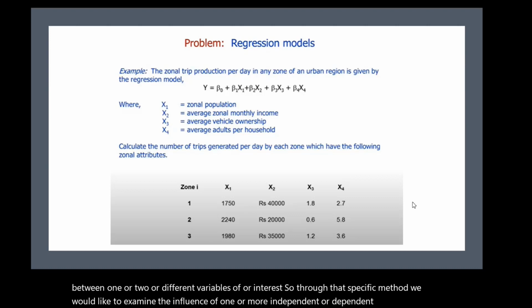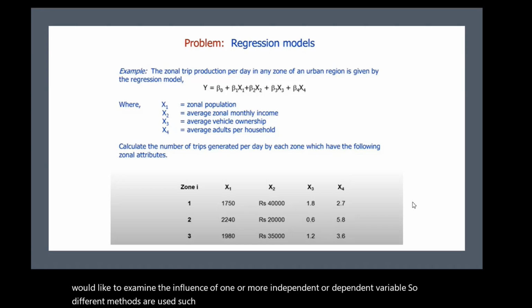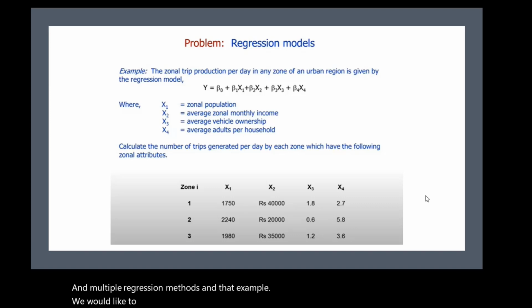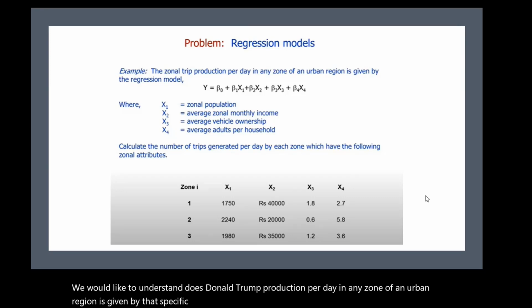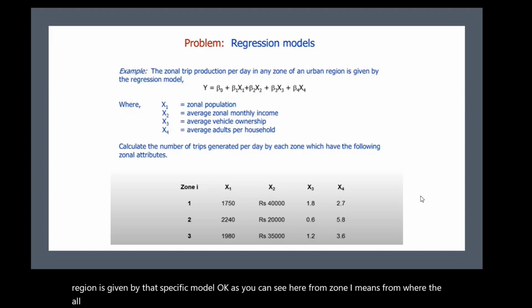So different methods are used, such as linear regression, non-linear, and multiple regression methods. In that example, we would like to understand the zonal trip production per day in any zone of an urban region, which is given by that specific model. Okay, as you can see here, zone i means where all those trips originate from. So we have four variables, which we denote with X1, X2, X3, and X4.